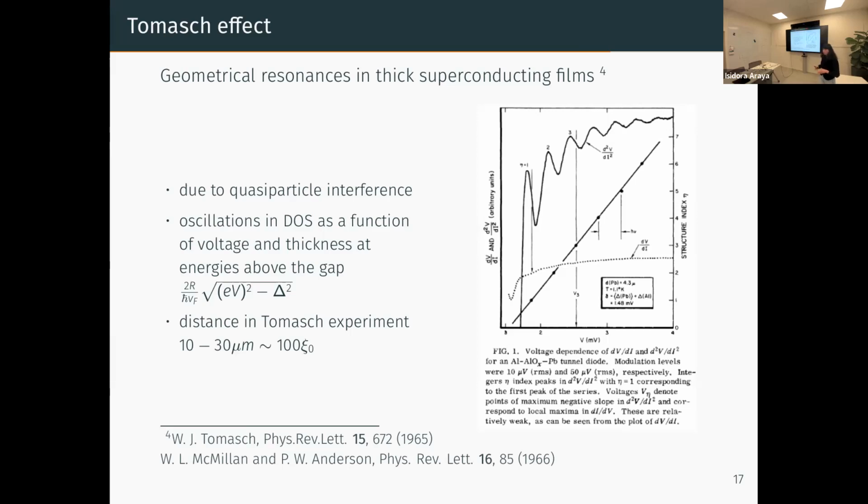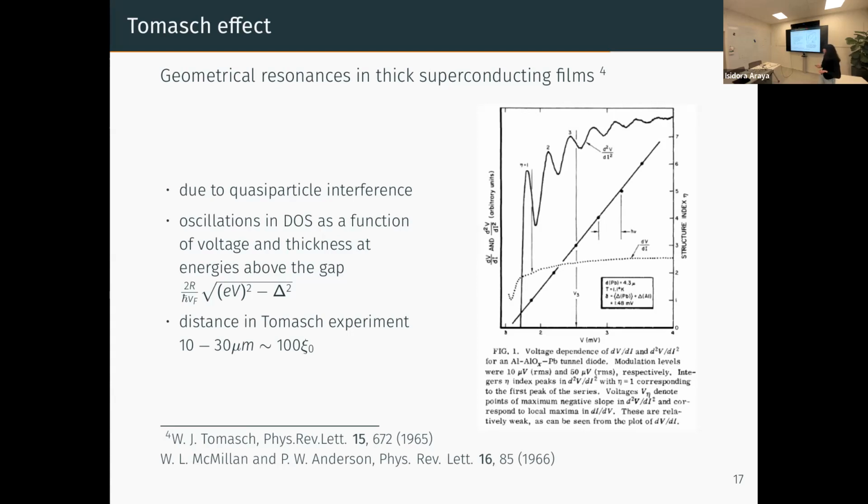He took a thick film of superconductor and measured the tunneling current on the density of states above the gap, and he sees these oscillations, which he calls geometrical resonances. Then 1 year later, McMillan and Rowell explained this effect as due to quasi-particle interference because of the non-uniform superconducting order parameter.